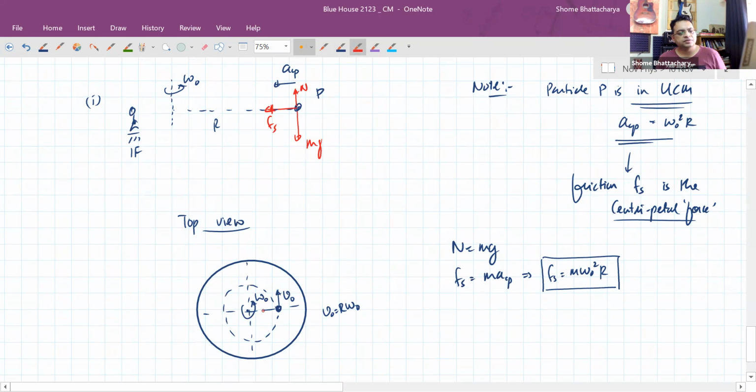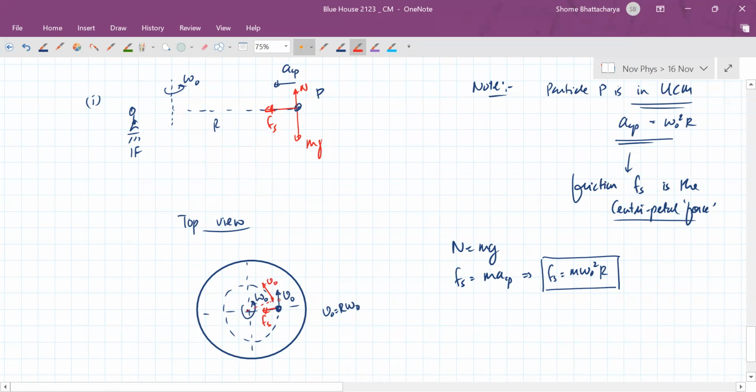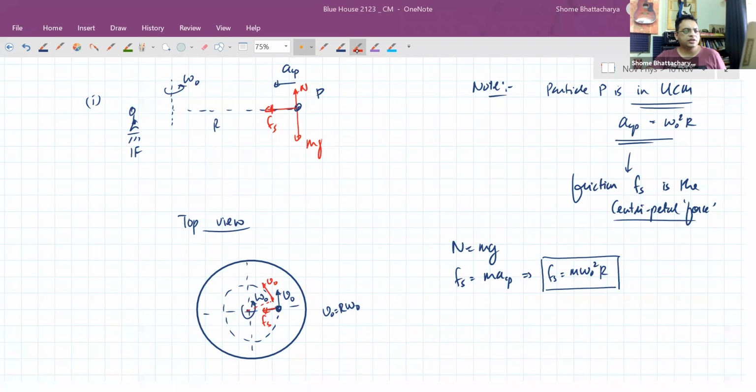So the force that prevents the body from slipping with respect to the surface, because if it is not slipping, the next moment this velocity has to turn and become like this. So which force has to provide that centripetal acceleration? It is the friction. Weight and normal reaction lie in the perpendicular plane, so they don't affect the circular motion, they just balance each other.